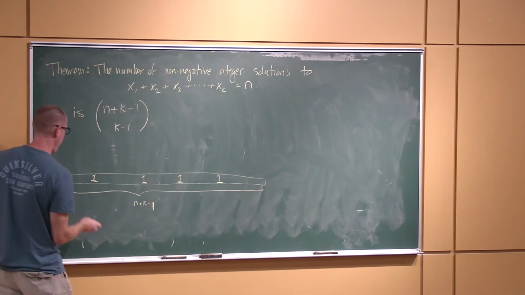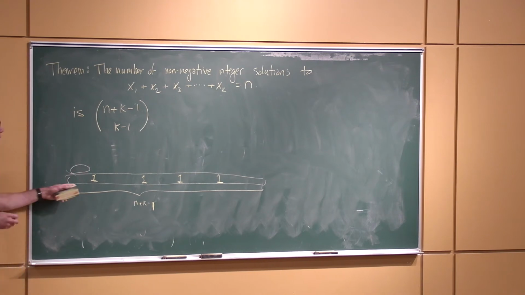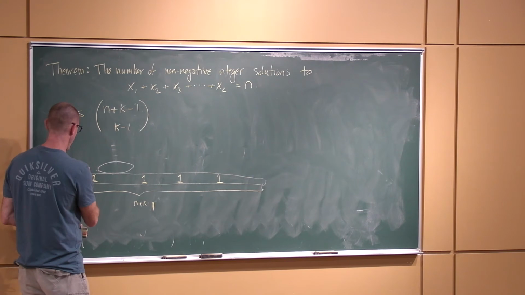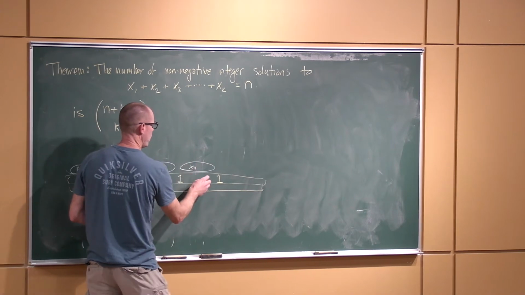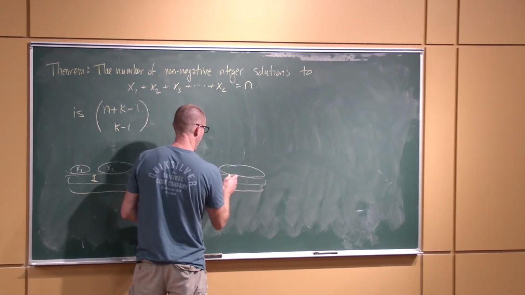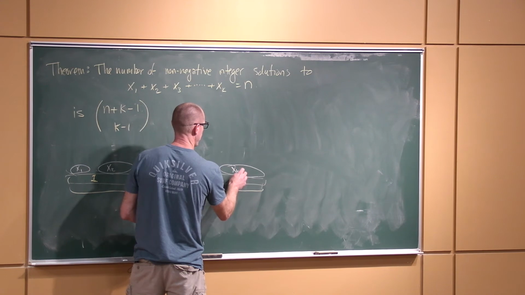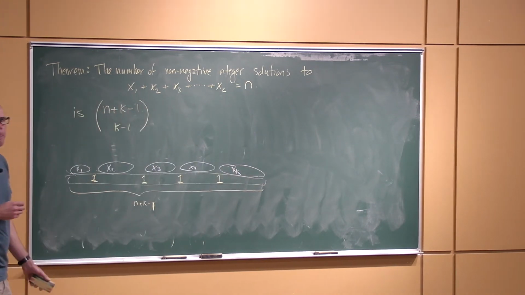And then we read off x1 as the number of zeros before the first 1 bit, x2 as the number of zeros between the first and second, x3, x4, and after the last 1 bit, we read xk.